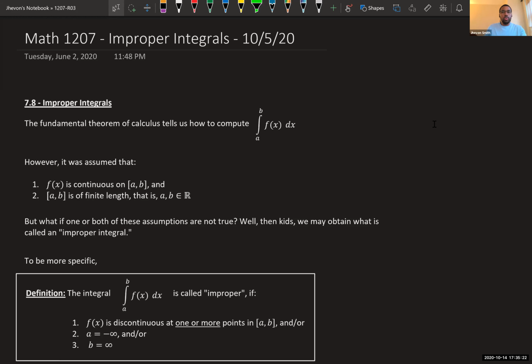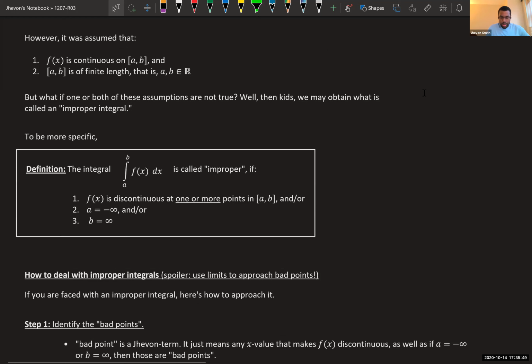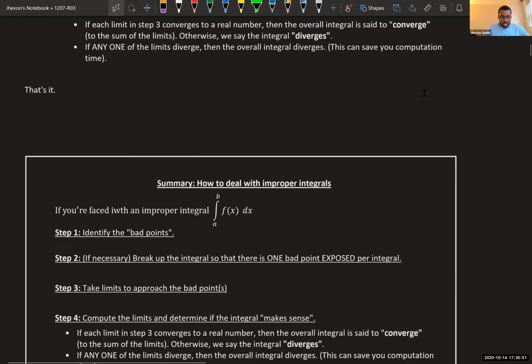And we can theoretically calculate these integrals by just using limits. So we set up limits to approach the troubled points. These are points that make the function discontinuous, or the infinite limits. And we pretty much integrate as we usually would, and then we use limits to approach these points. So that was the idea. In our vernacular, we call these the bad points.